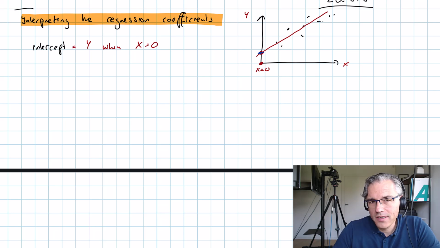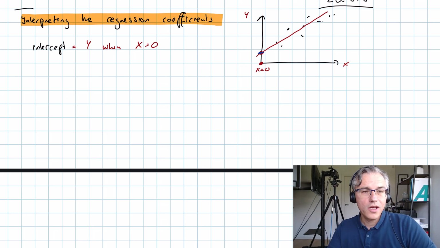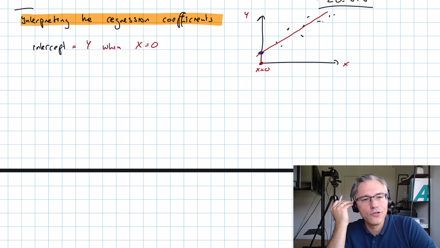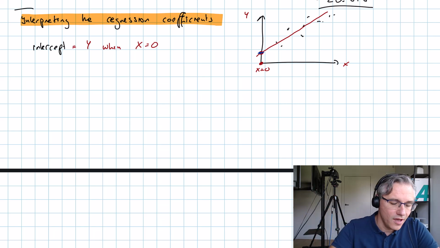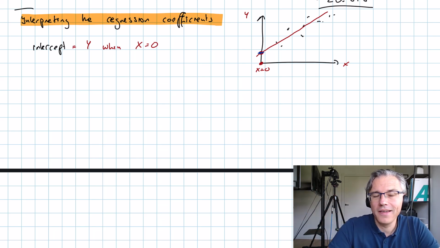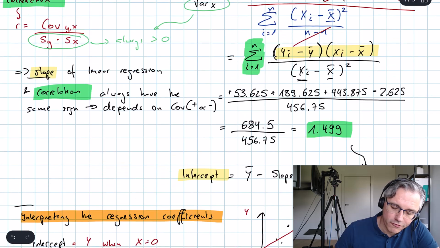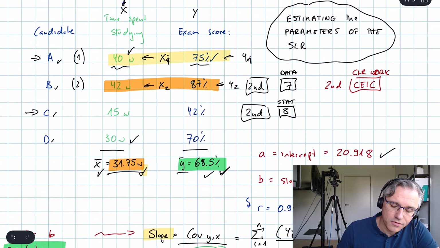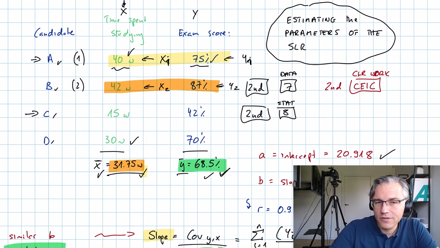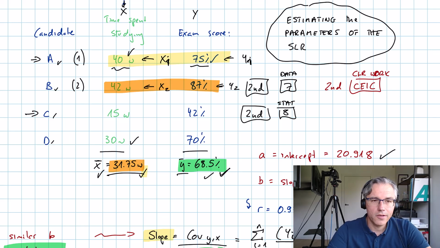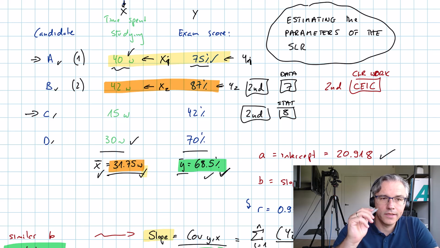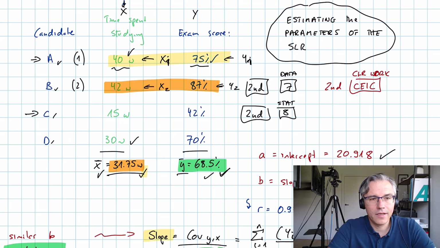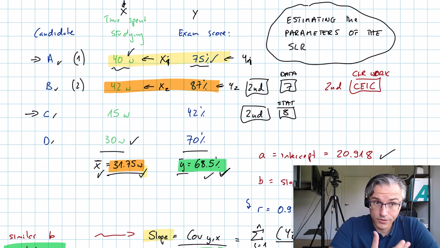Sometimes this is unrealistic because in many economics or social sciences, you can't assume an x of 0, the lack of something. But not in this case. If we're thinking about candidate score as something that's dependent on the time studied, then surely you can imagine that somebody who hadn't done any studying at all just goes into the exam and picks answers randomly, will still get some positive result, right?